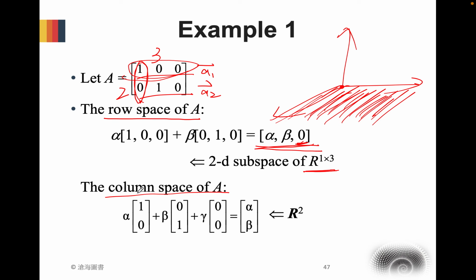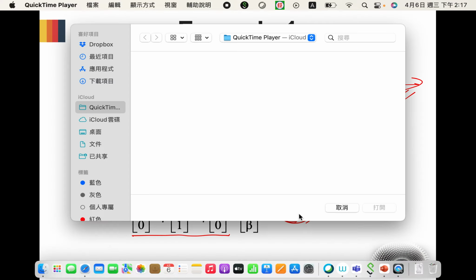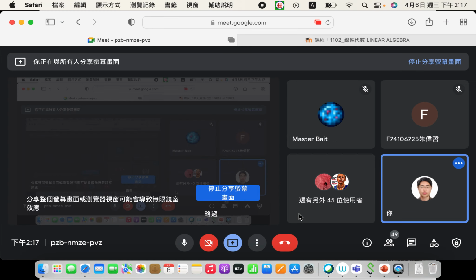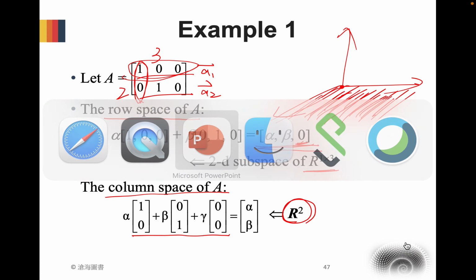Okay, so the column space of A can be represented like this, which is alpha, beta. And in fact, alpha, beta is the entire R2 space. Okay.